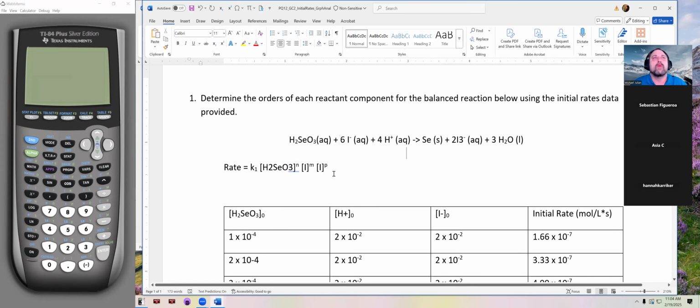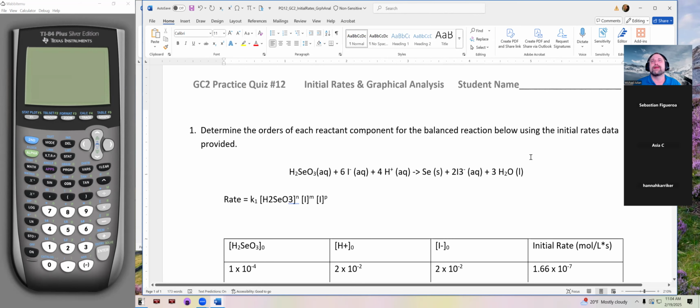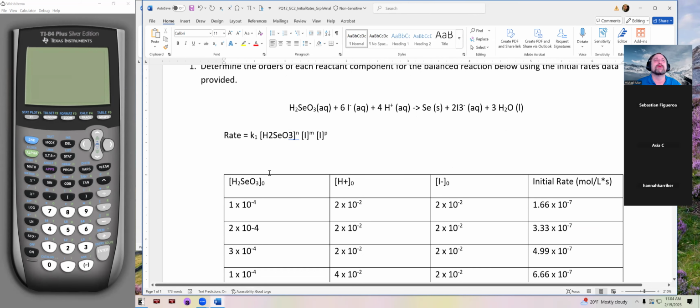All right. So to solve for N and M and P, we're going to have to look at the reaction itself. Looking over here at my concentration of selenic oxide, or selenium, I don't know. I never use that acid, that's a weird one.